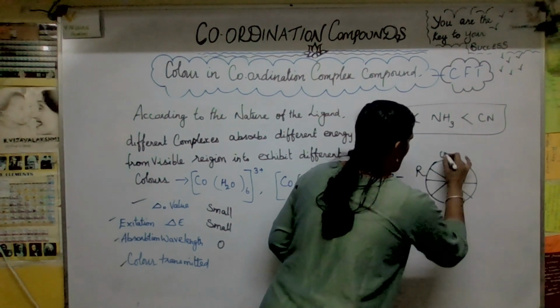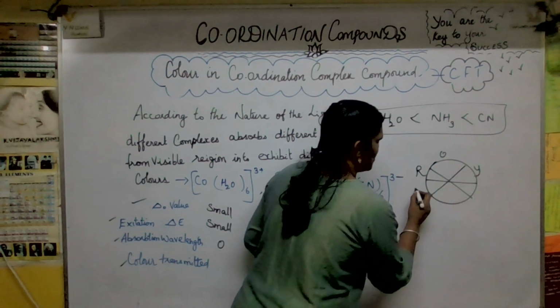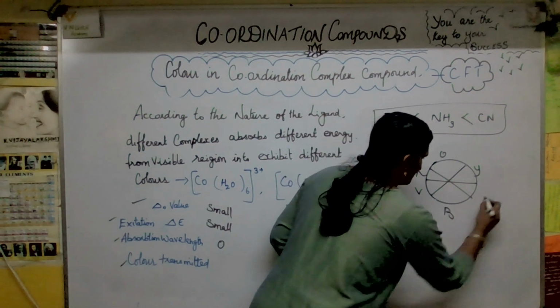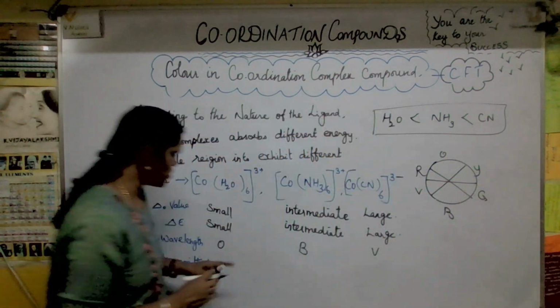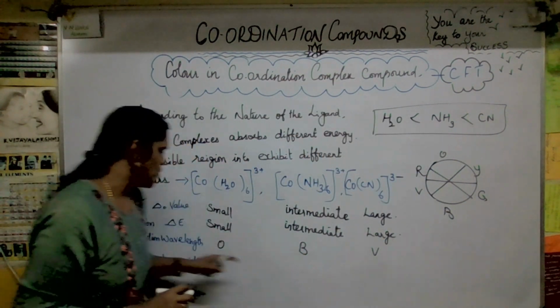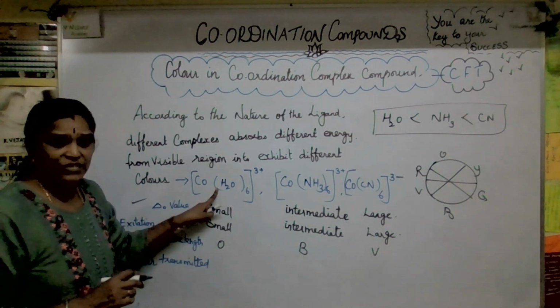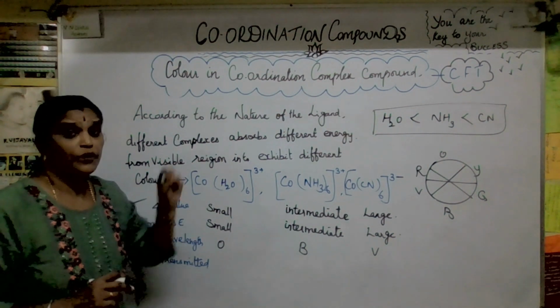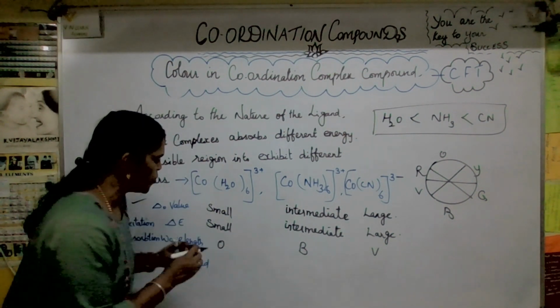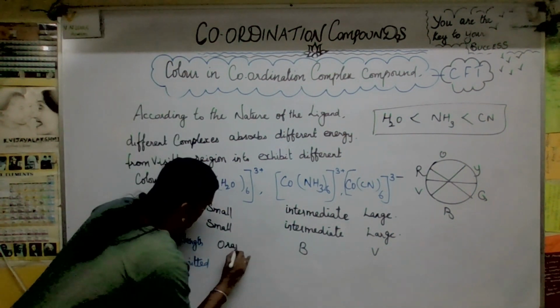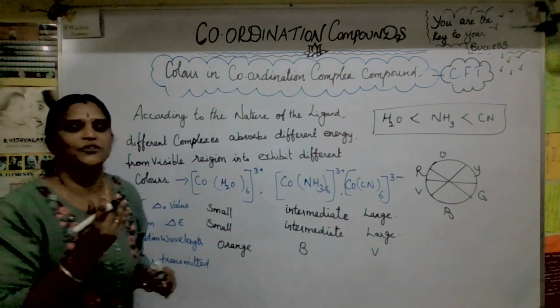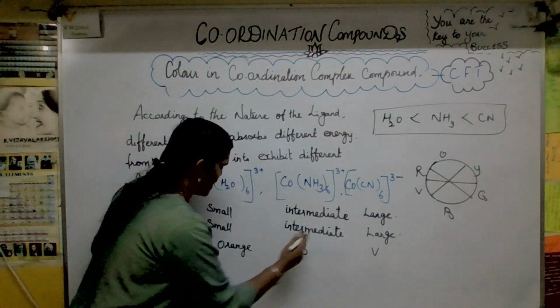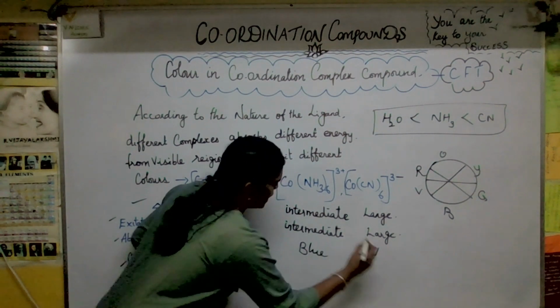R, O, Y and V, B, G. I just mentioned what it is. O for orange. This compound, orange color, what does it do? It absorbs from the white light. The same way, this is blue, I just mentioned. For us to remember, orange, blue and violet.